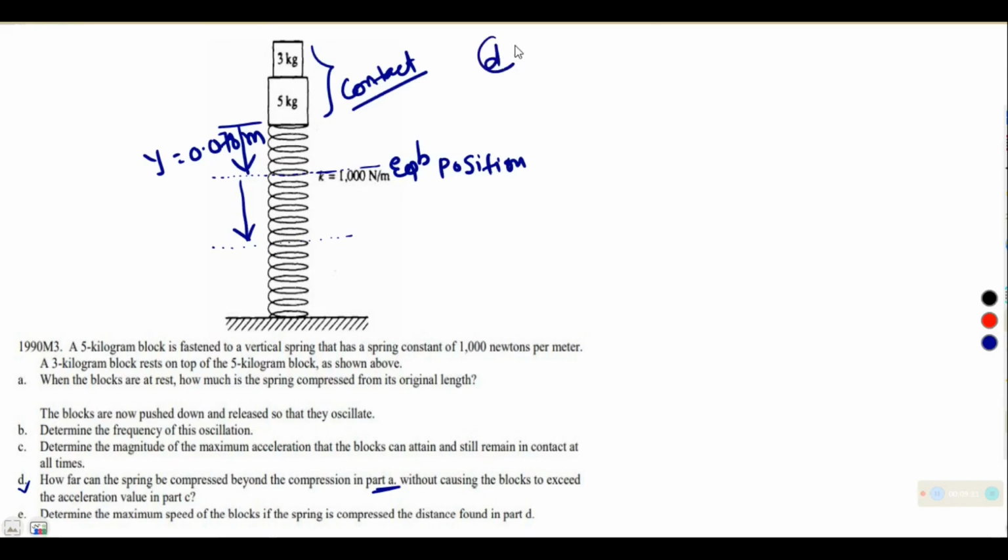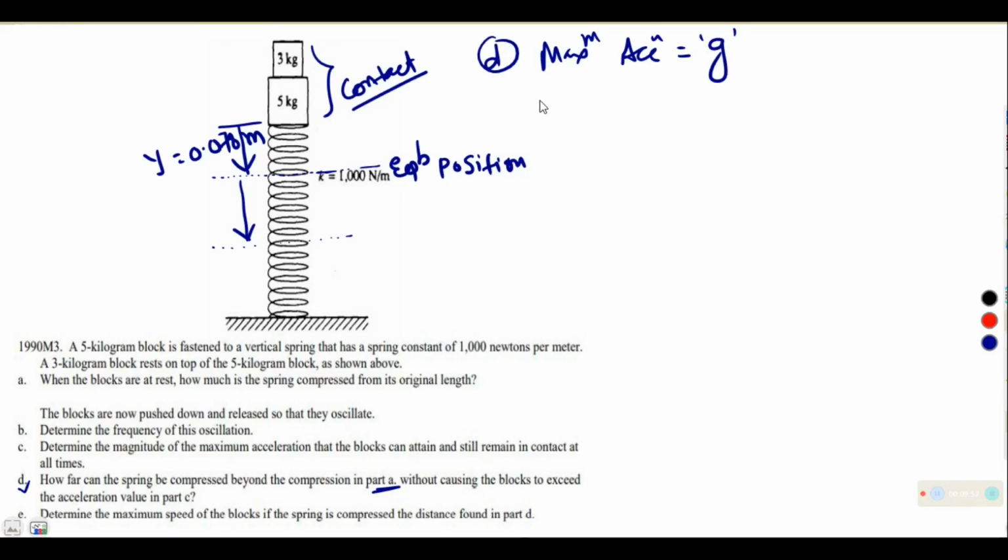So in part D we have to find the maximum compression beyond this equilibrium position. Friends, both blocks will remain in contact as long as the maximum acceleration is equal to g. If the maximum acceleration is g, then both the blocks will remain in contact.